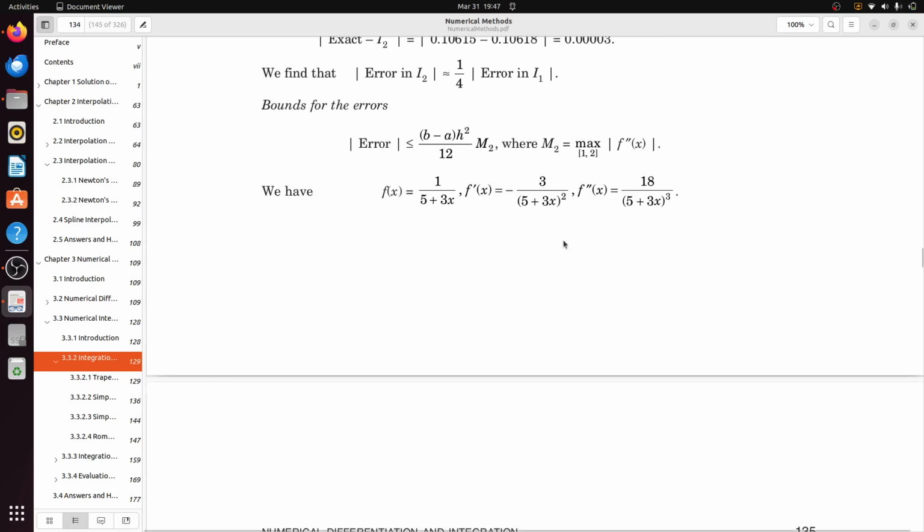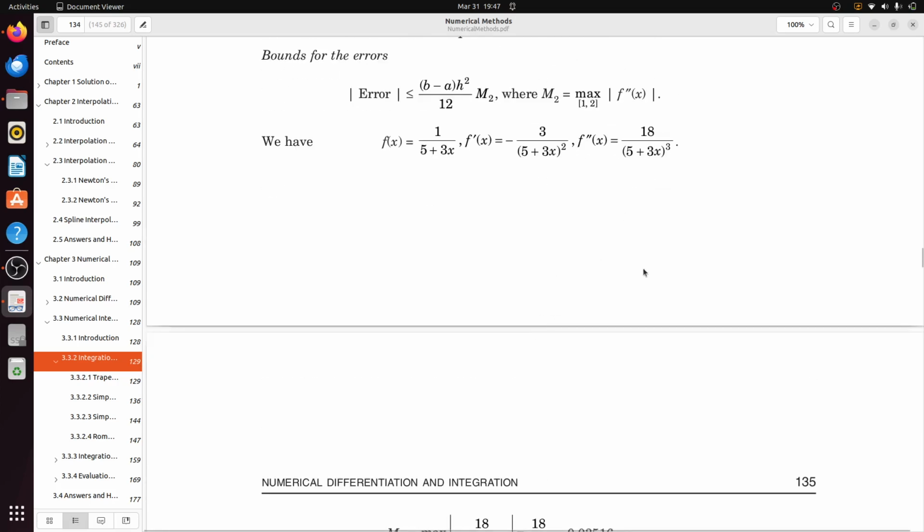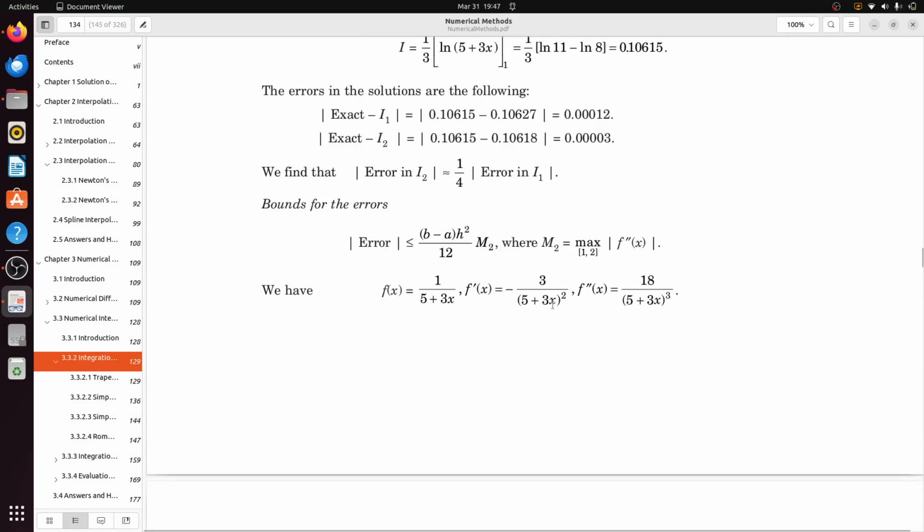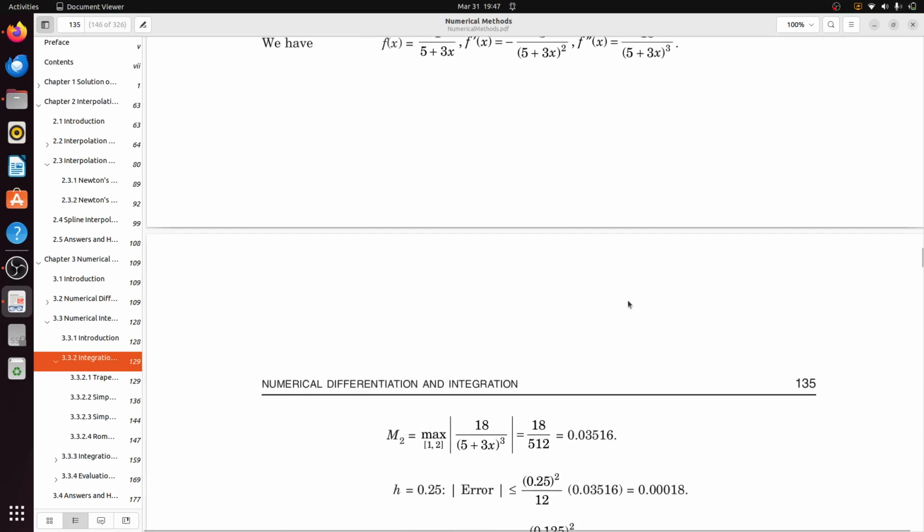This is positive, and it is a decreasing function. So on 1 to 2, its maximum will be at x equal to 1. So the max is 18 by (5 plus 3x) whole cube, that will be 18 by 512.